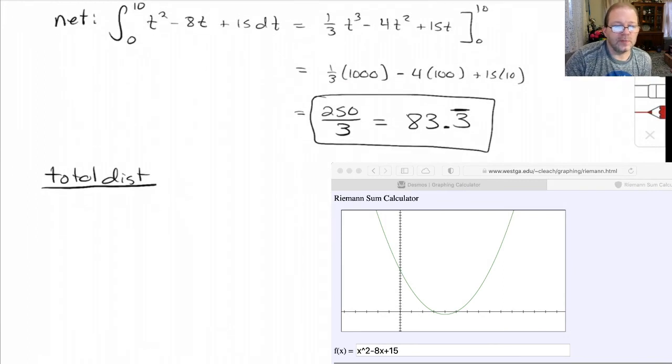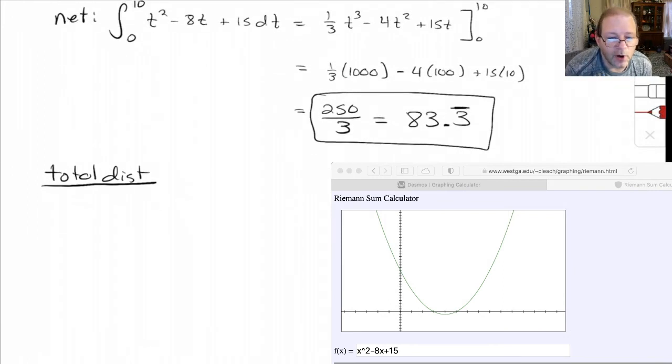If you look down here, the little parabola there tells us the velocity of the thing. If you start at 0 and go to 10 on there, you'll notice that between 3 and 5, the velocity is actually negative, meaning it's moving backward.